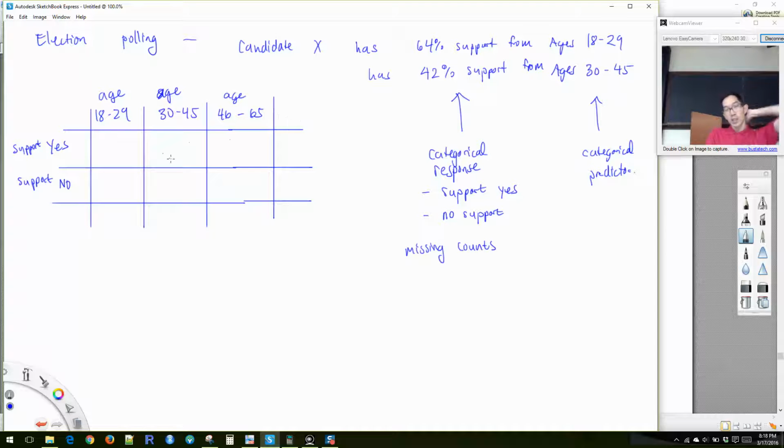What we would need though is how many people were surveyed. Okay, without the number of people surveyed, we can't do the statistical analysis.